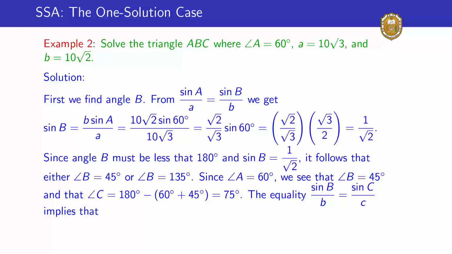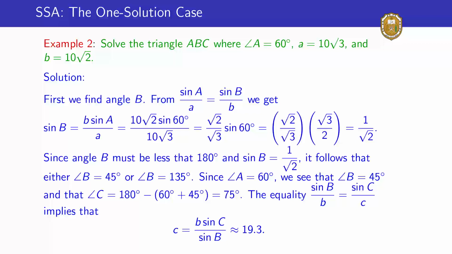And therefore, angle C, which is equal to 180 degrees minus 60 degrees plus 45 degrees, will give us 75 degrees. So the equality sine B over b is equal to sine C over c implies that c can be written as b sine C over sine B, and that's approximately 19.3.